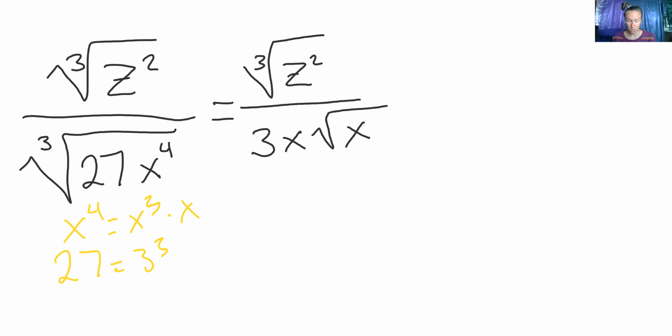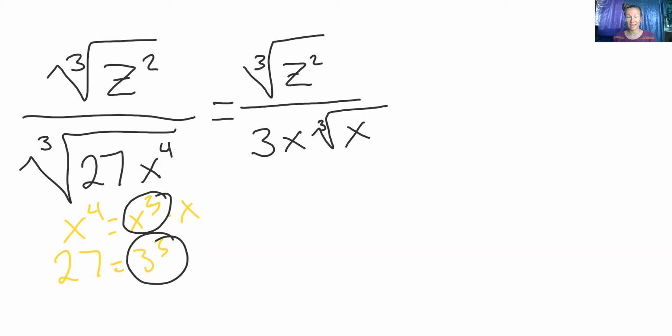Okay. So the 27, we took the cube root of it. The x to the 4th, we took the cube root of 3 of those factors of x to get our 3x here, but we still have 1 factor of x that stays inside this guy, which is a cube root, right? It's not a square root, it's a cube root. We need to remember that.